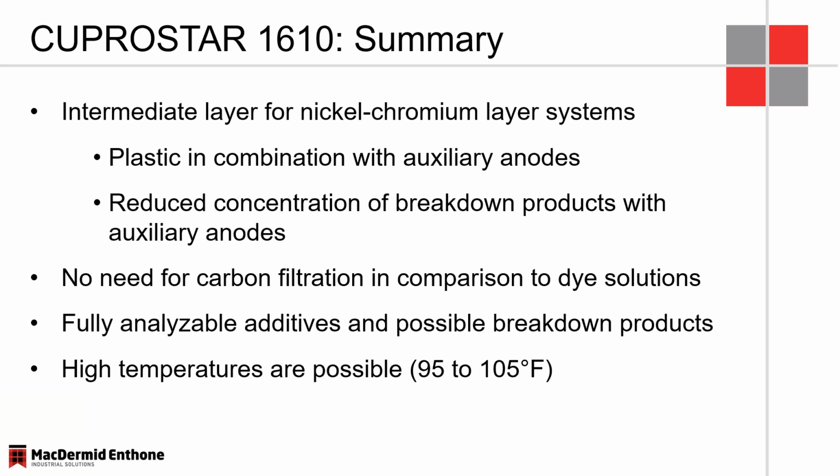I can analyze all the additives and the breakdown, and I can really push the temperature of this system. I know we said 86 for that specific case study. We've had others push it further into the 95 to 105 degree Fahrenheit range. So a lot of flexibility with this process to still achieve exceptional results.